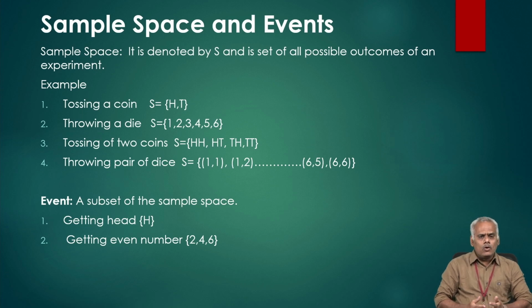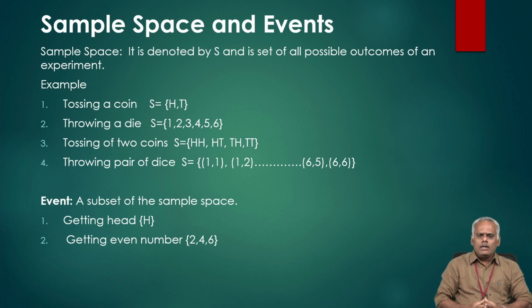Similarly, tossing 2 coins simultaneously, the sample space is {HH, HT, TH, TT}. And throwing a pair of dice, there are 36 possible outcomes, and those are (1,1), (1,2), (1,3), up to (6,5), (6,6).